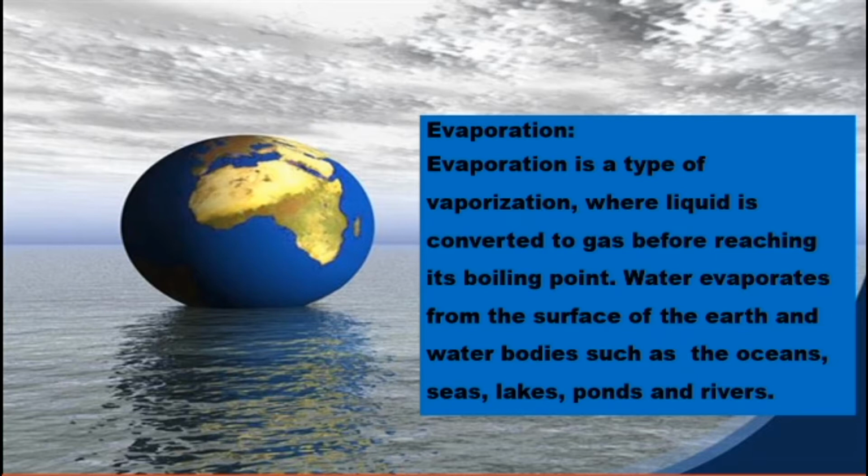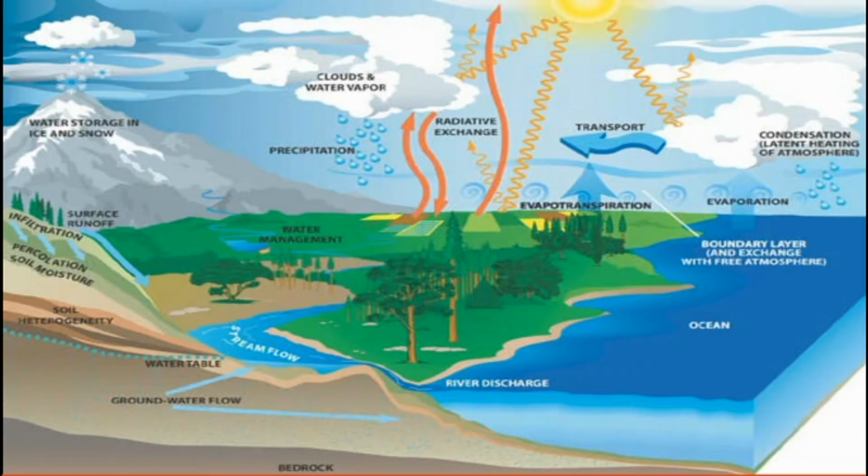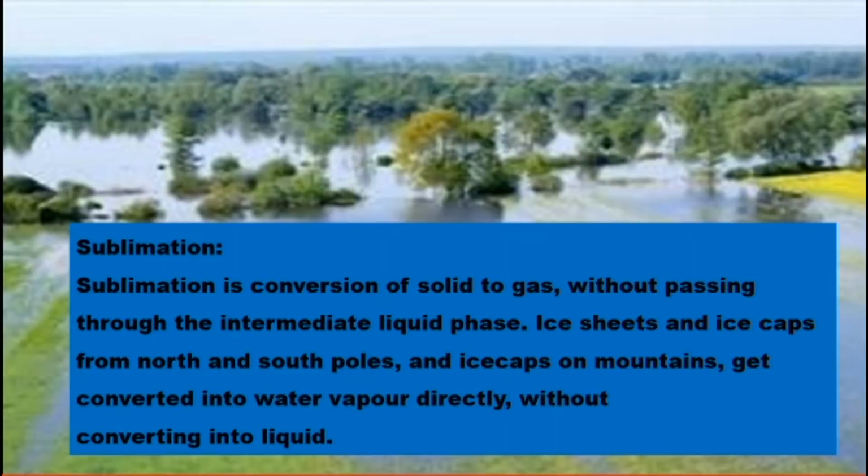Evaporation is the type of vaporization where liquid is converted into gases before reaching its boiling point. Look at the picture: here the water becomes evaporation or evapotranspiration, but both we consider as evaporation.